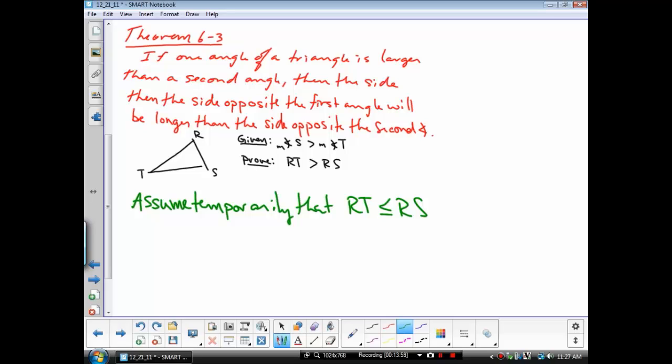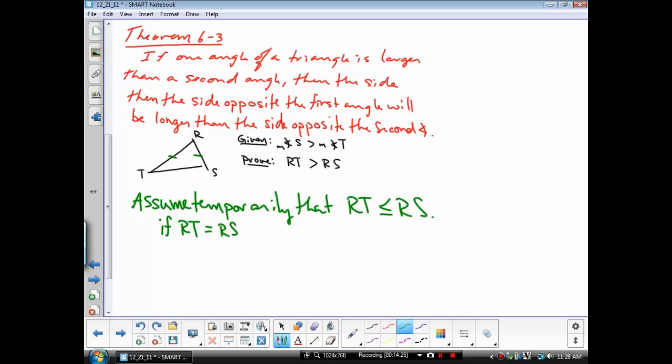Now we actually have two cases here, less than or equal to. So if RT equals RS, what will happen? If RT and RS are congruent, then it's an isosceles triangle, right? What do we know about an isosceles triangle?